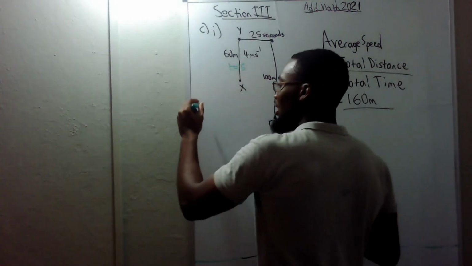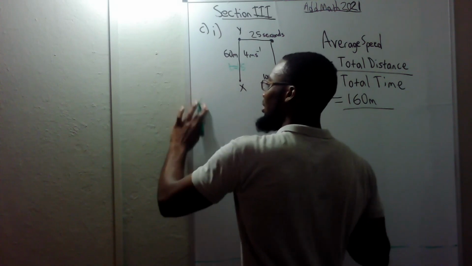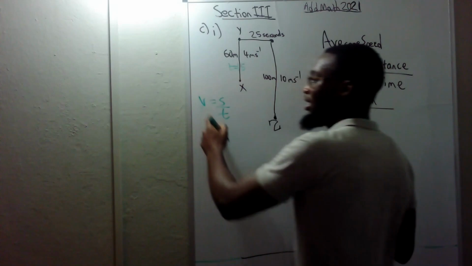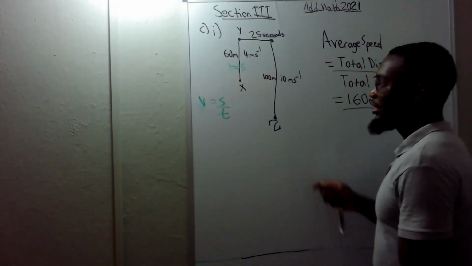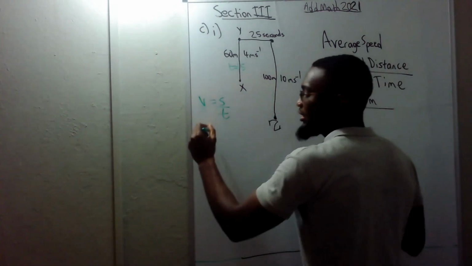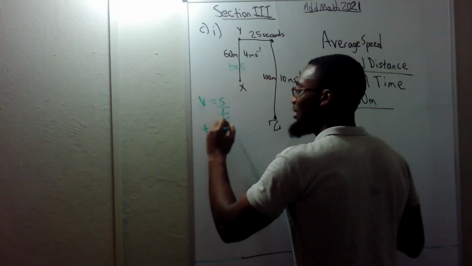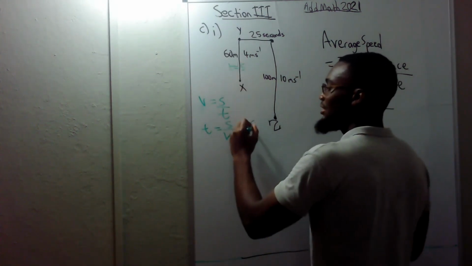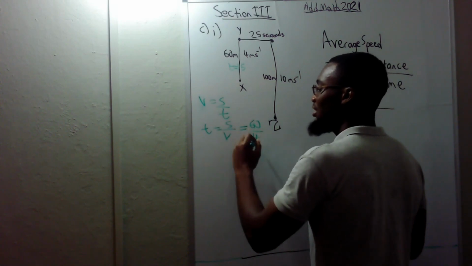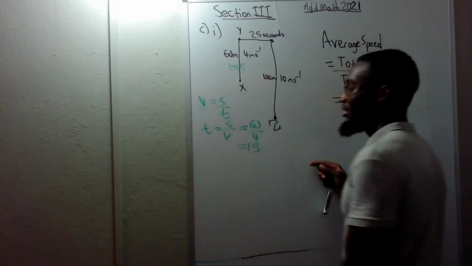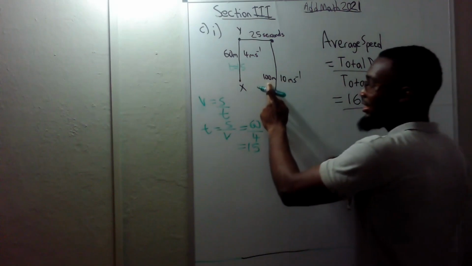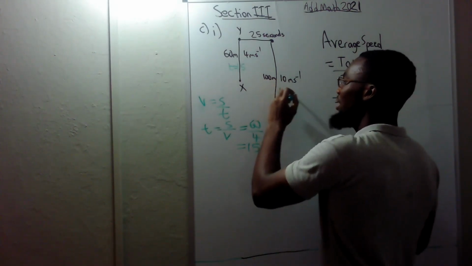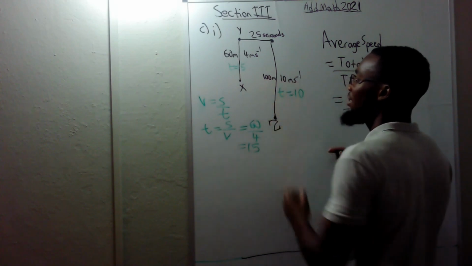Remember guys, velocity is distance over time. So if you switch it, time is equal to distance divided by velocity. So the distance is 60, the velocity is 4, so that's 15. The same thing here, distance divided by velocity, you get that the time is 100 over 10, which is 10.